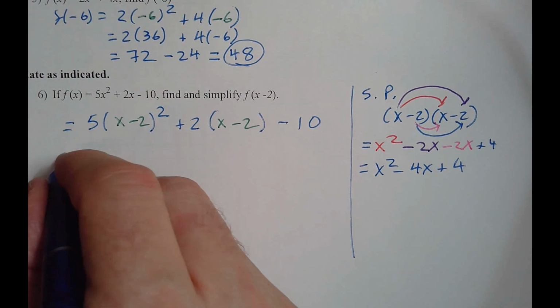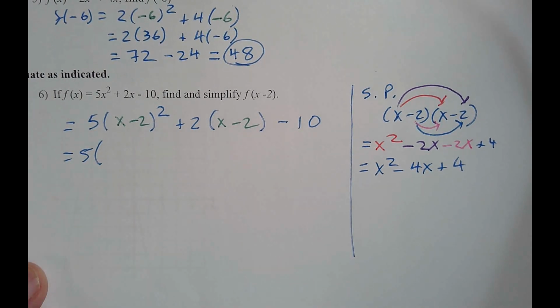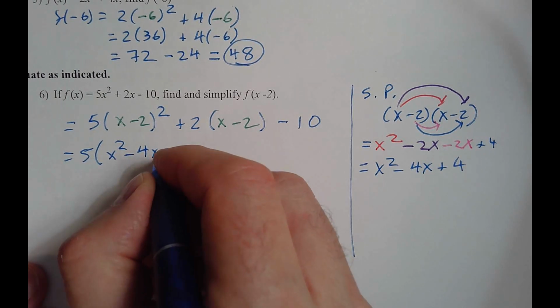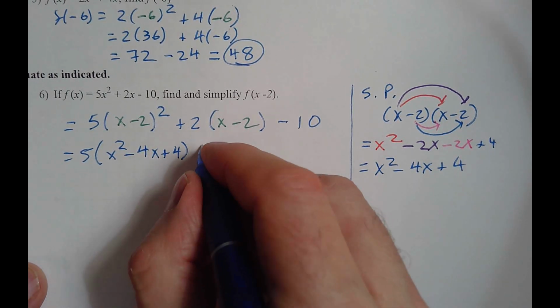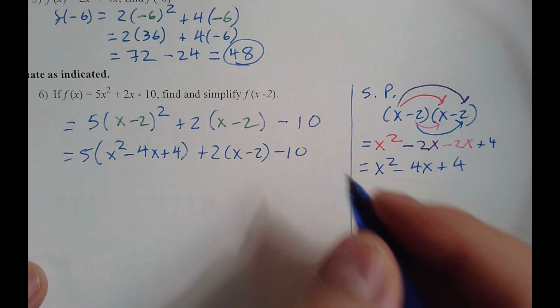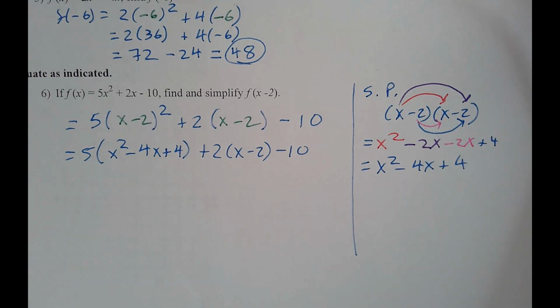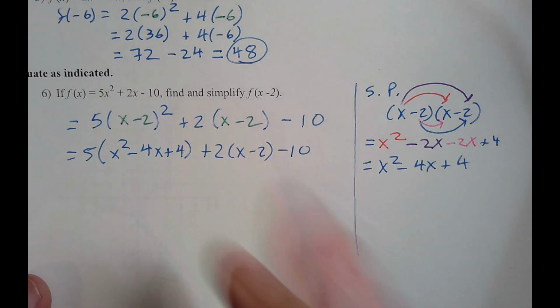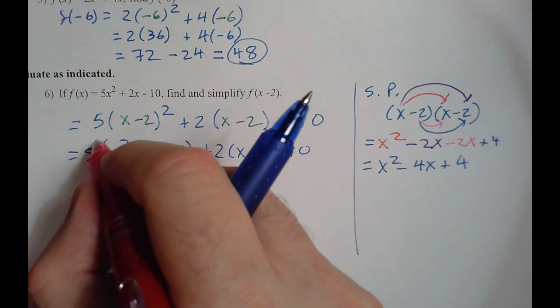So we're going to rewrite that as 5 times x squared minus 4x plus 4. I'm just going to go ahead and bring everything else down. So we get to practice our handwriting on this one. We'll distribute the 5 to each term inside the parentheses.